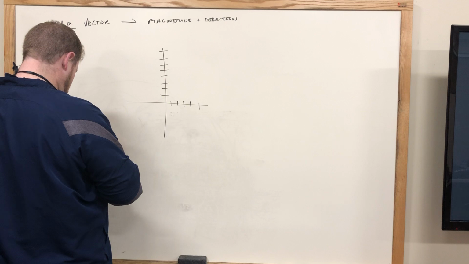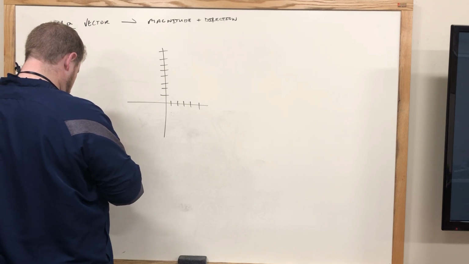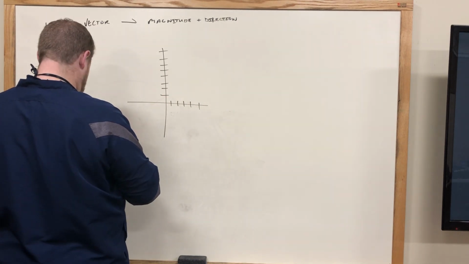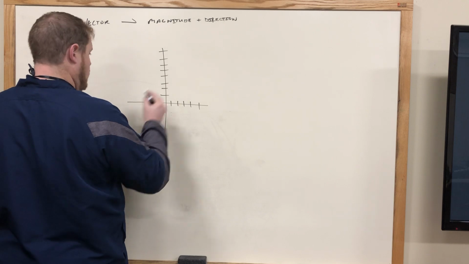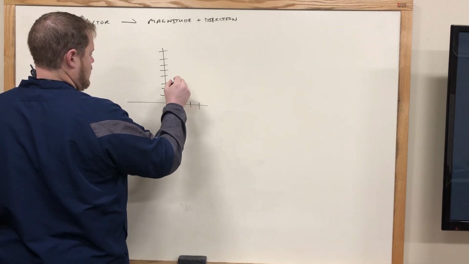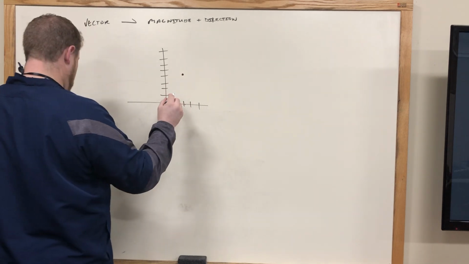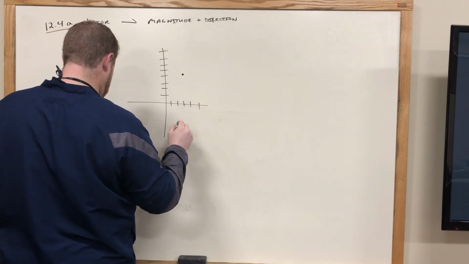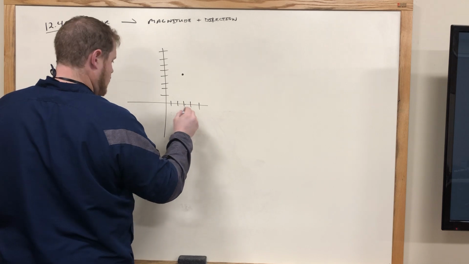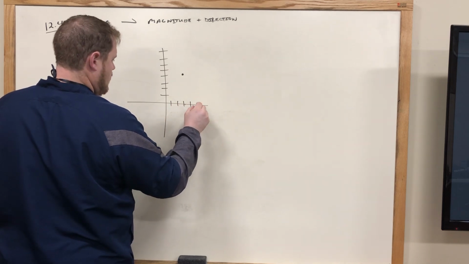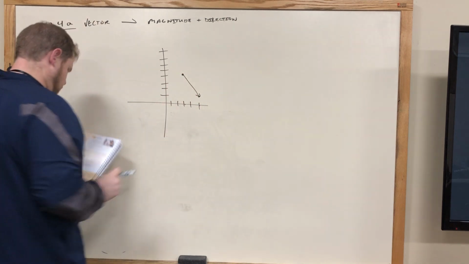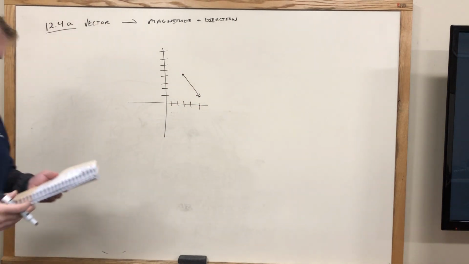So it's over 3 and up 1, 4. It starts there, and it goes down to 1. So there's our vector. Our vector's in green.